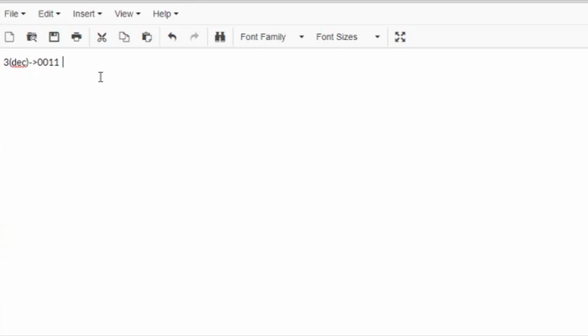When you perform a logical left shift, this entire content is moved to the left side, and you get the answer 0 1 1 0. If you perform logical left shift by 1, you're moving it that way. What if you perform it 2 times? You will get the answer 1 1 0 0.